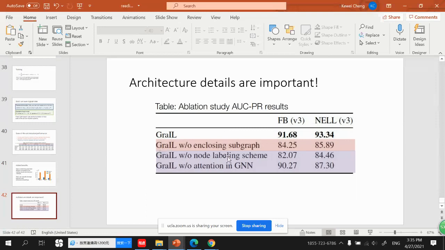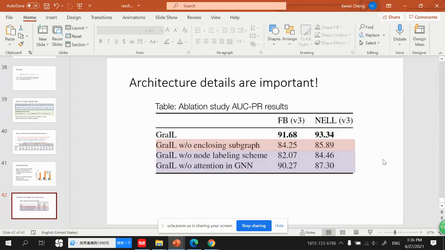If we exclude these 2 mechanisms, the performance drops dramatically in the ablation study.